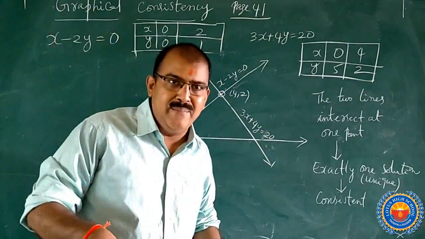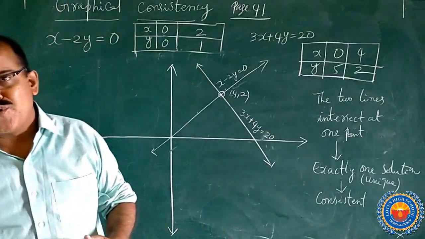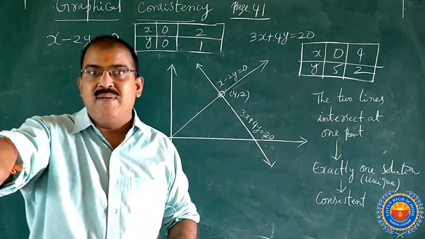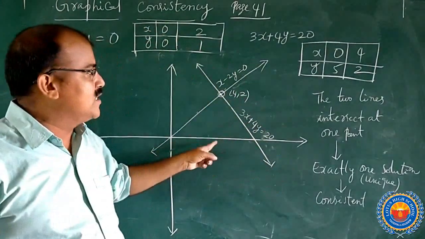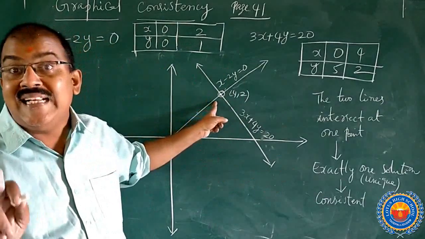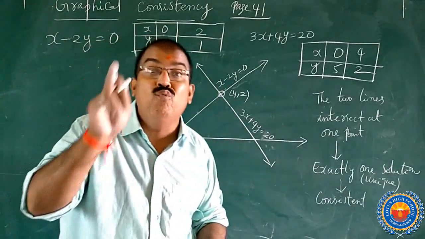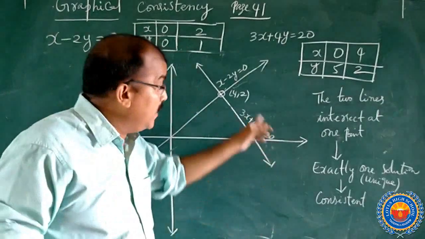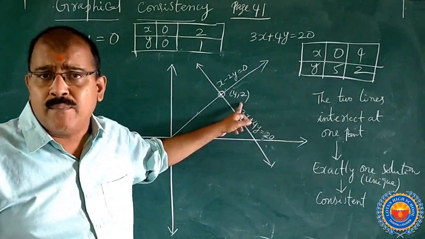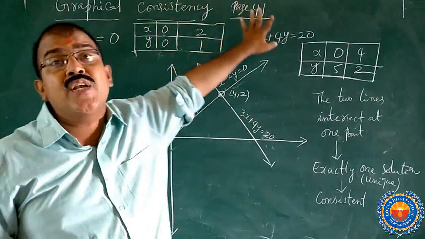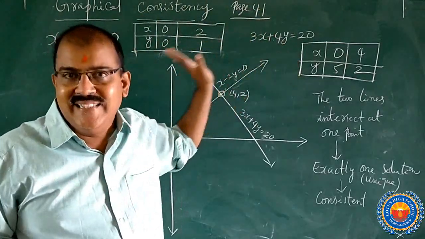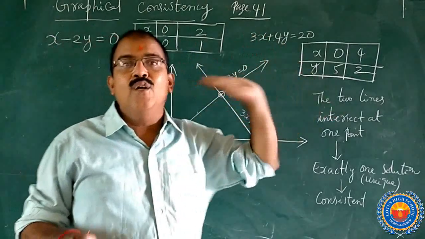No need to go for the elimination method, the substitution method, or the cross multiplication method. If you know how to draw the graphs, draw those graphs. If the two lines intersect at only one common point, that common point, in this case (4, 2), is definitely the solution of this pair of linear equations in two variables.